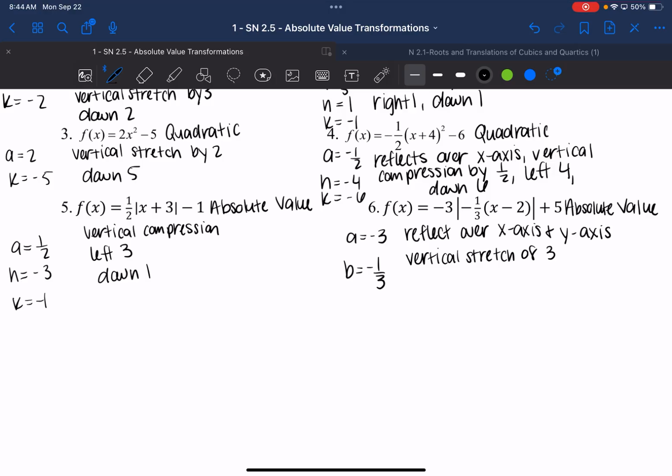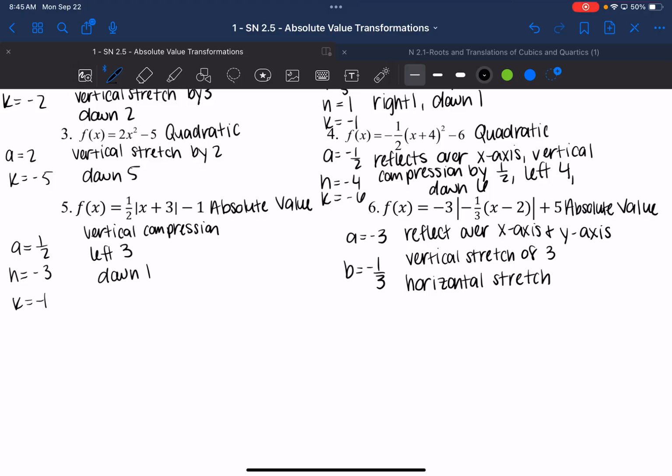Okay, now the B value, remember, is going to do the opposite of what we think it would do, right? And it also changes things horizontally. So horizontal stretch, yes. So we would think because it's a 1/3 that it's a compression, but it's actually a horizontal stretch.